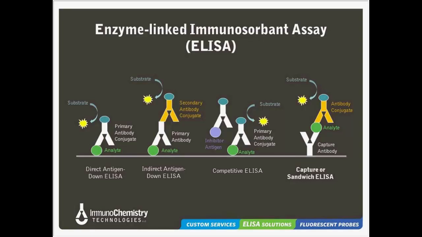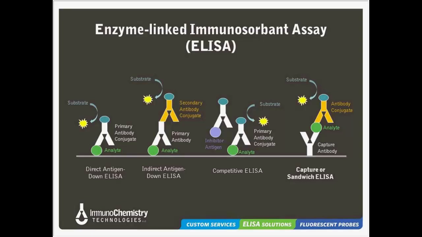In the second case, you have an indirect antigen down ELISA, and this is typically how you run things for antigen down. You have your analyte on your plate, and then you incubate the plate with the host antibody and host serums containing antibody, and then you come in with an anti-isotype.